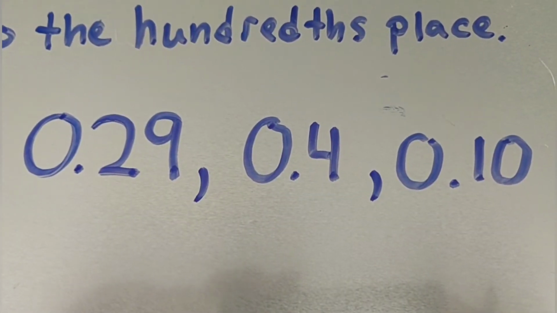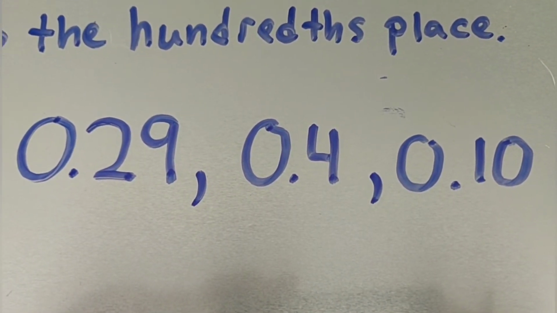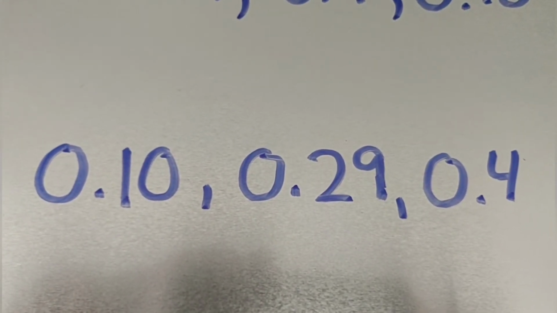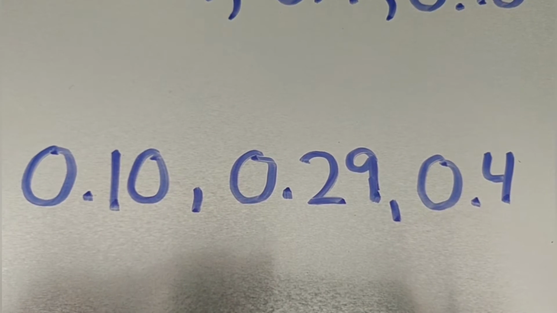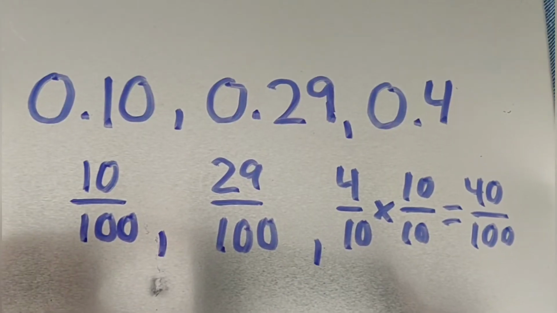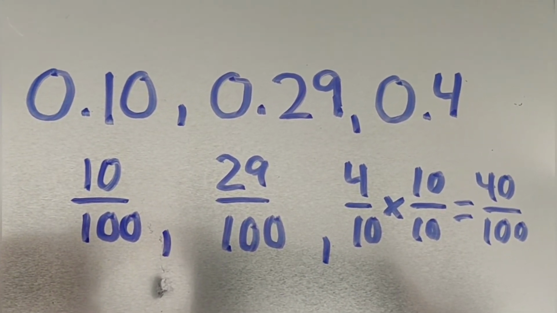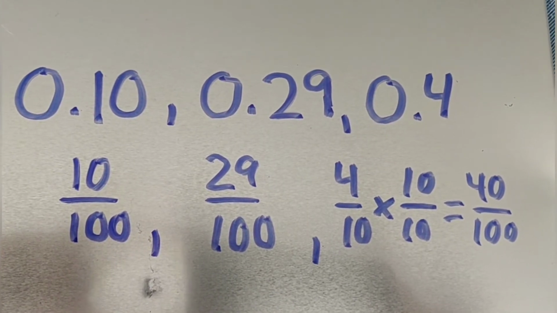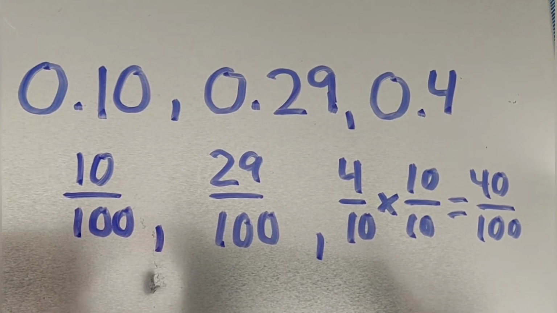So to put those three decimals in order from least to greatest, this is what we'd get: 0.10, 0.29, and 0.4. But why? Because 0.10 is 10 hundredths, 0.29 is 29 hundredths, and 0.4 is 4/10, which is equivalent to 40 hundredths.